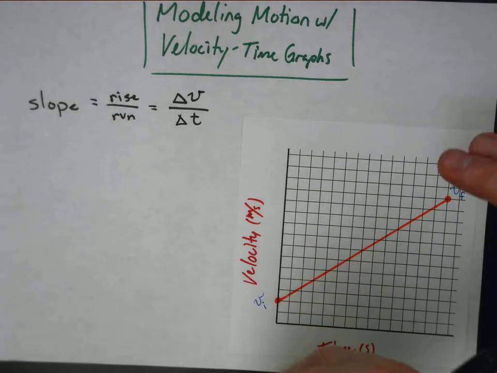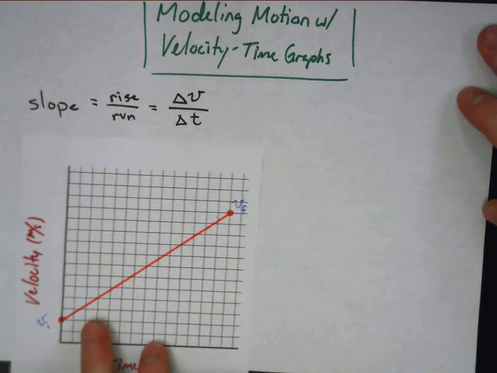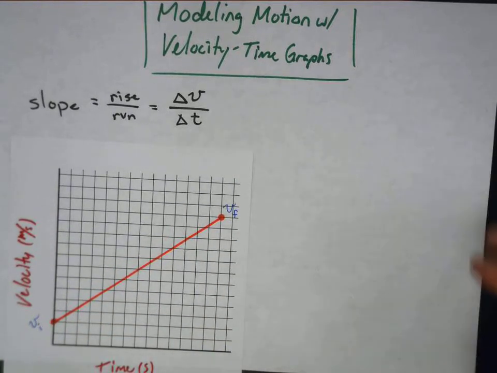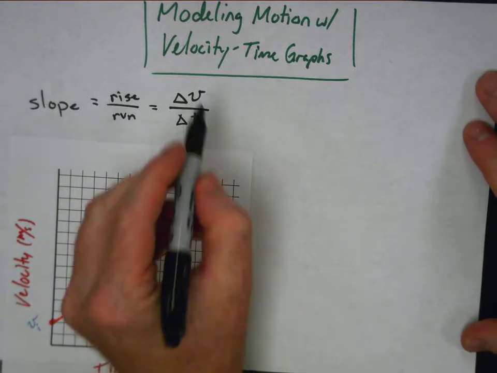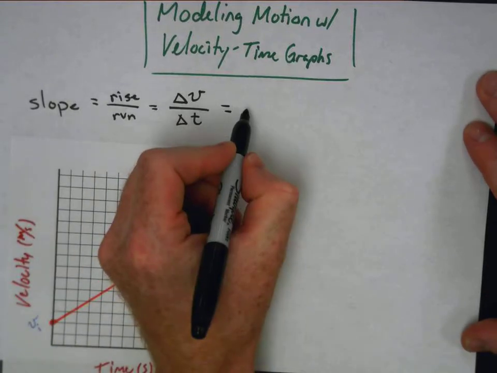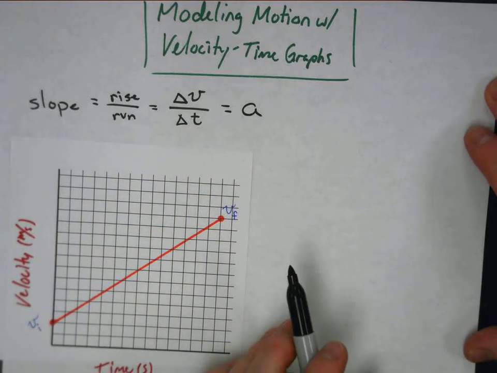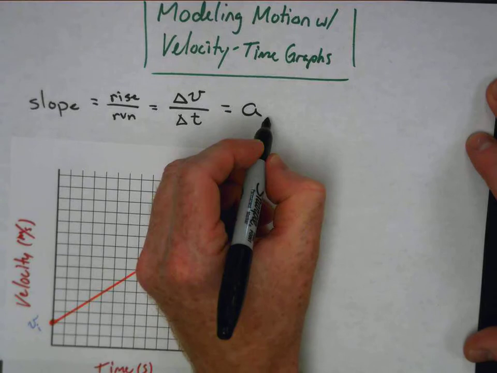This might look a little familiar to you. We've already seen this before. If you look at your notes regarding accelerated motion, you should recognize this as being equal to the acceleration of the object. Technically, this is average acceleration.